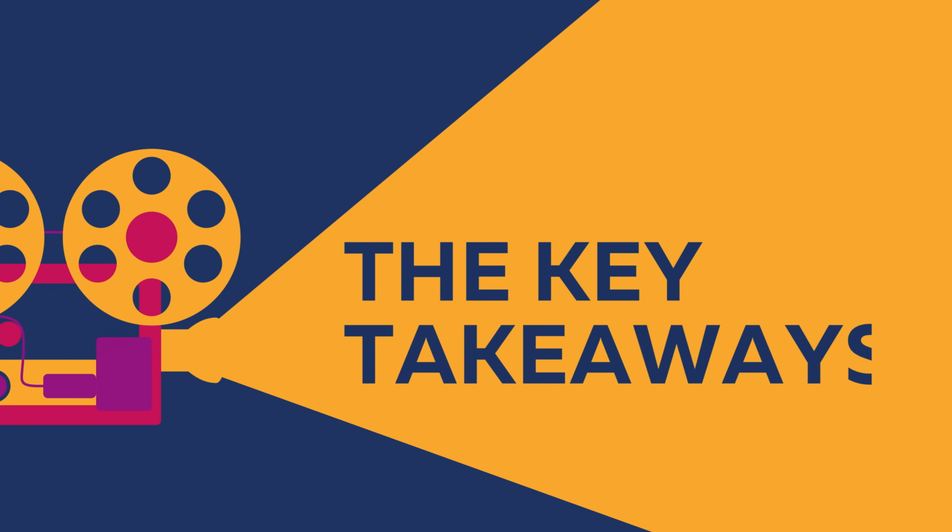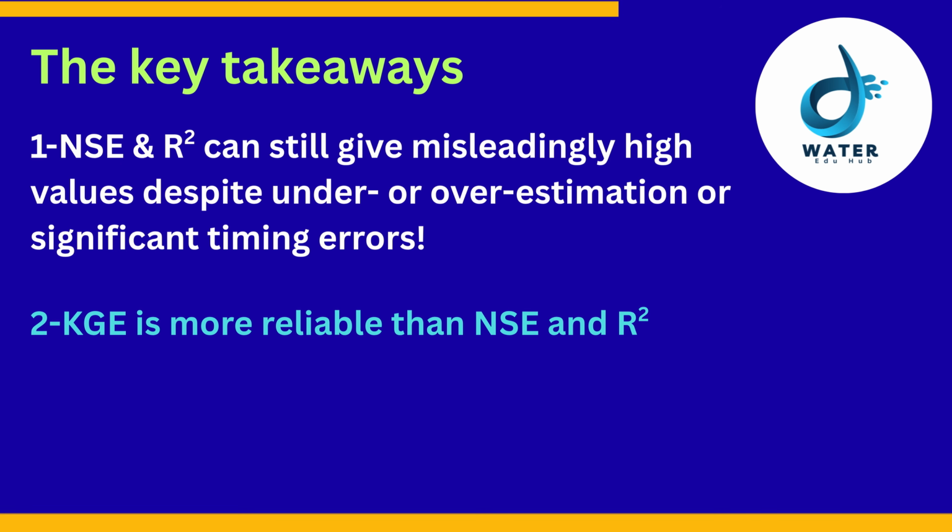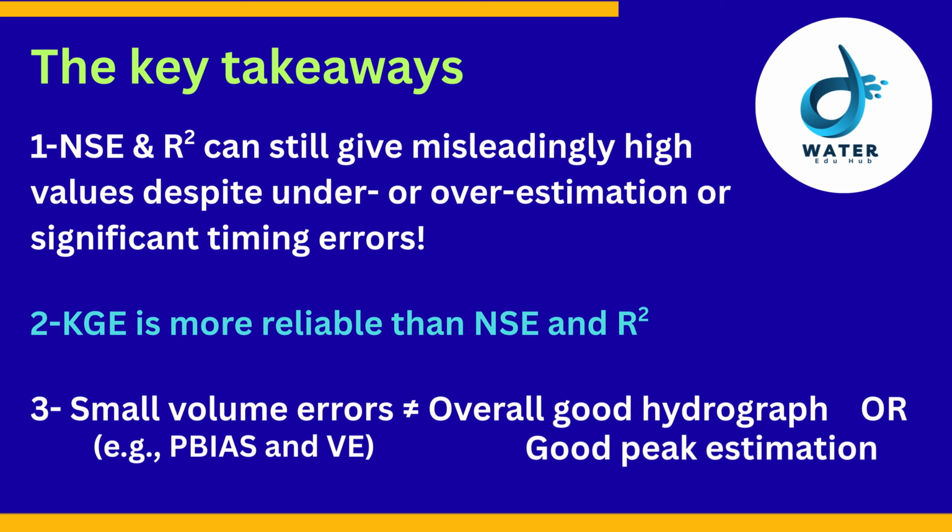The key takeaways from this example are as follows. First, NSE and R² can still give misleadingly high values despite under or overestimation or significant timing errors. Second, KGE is more reliable than NSE and R². Third, we may still get reasonably good volume errors in PBIAS or VE, while the estimated peak or overall hydrograph shape is unsatisfactory.